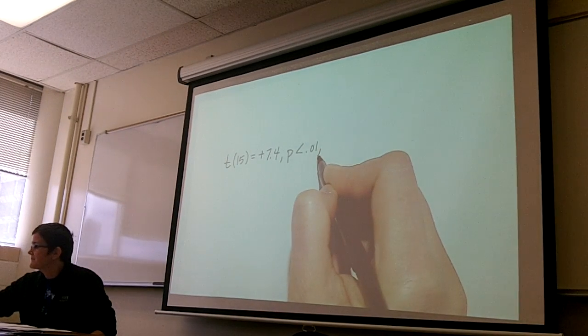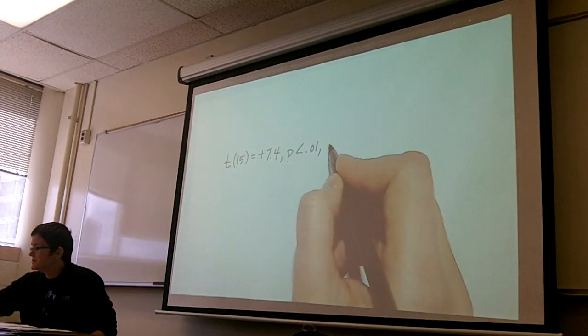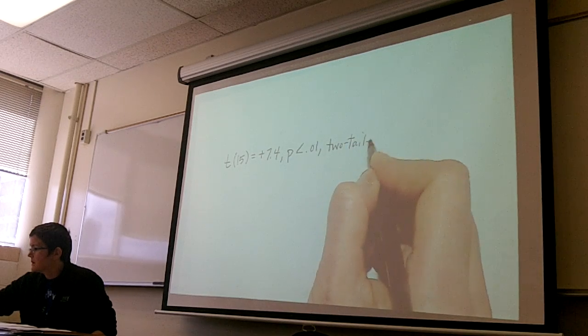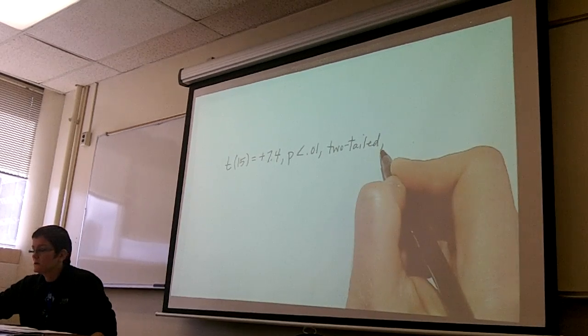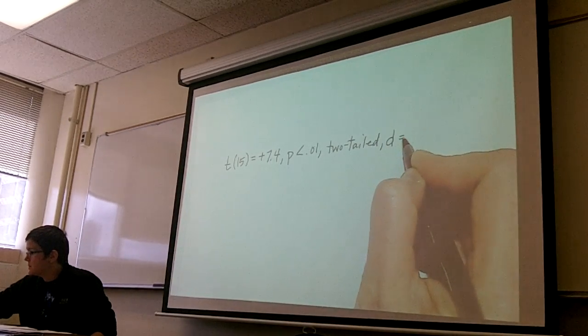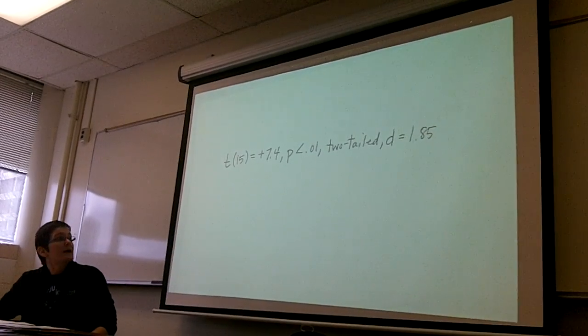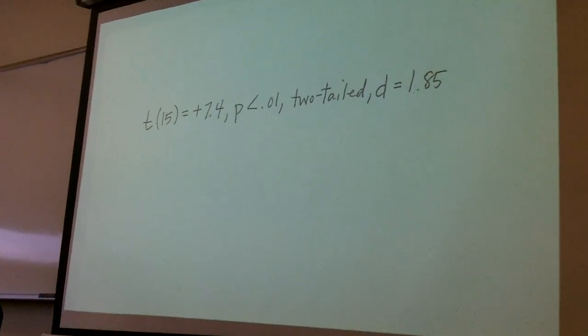Comma. Two-tail. Two-tail. Comma. Remember? Two-tail. Okay? Comma. D equals 1.85. All right, how many people got it? Yes! Victory over t-tests.